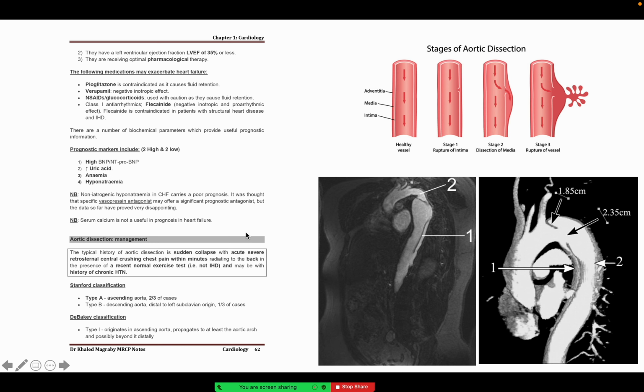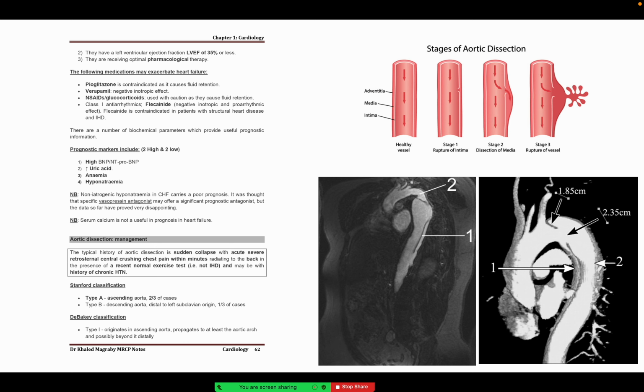So in brief, if a patient has severe retrosternal chest pain that is crushing in nature and radiates to the back, or has a collapse, we'll think about aortic dissection.